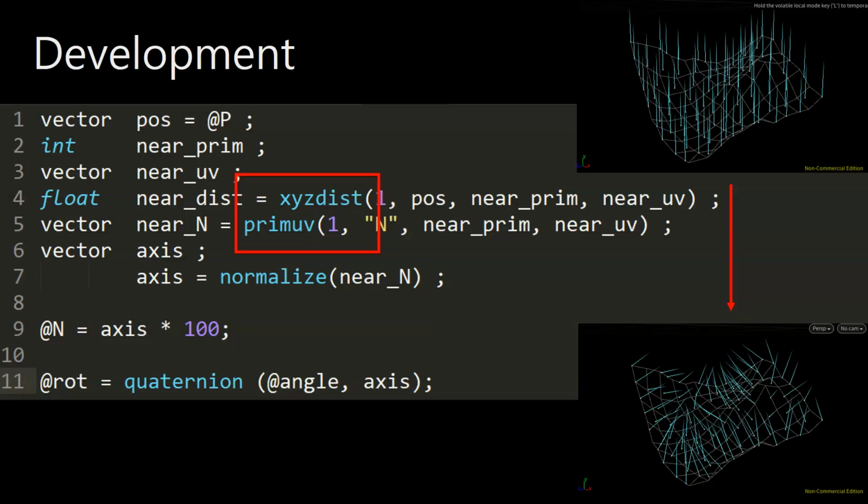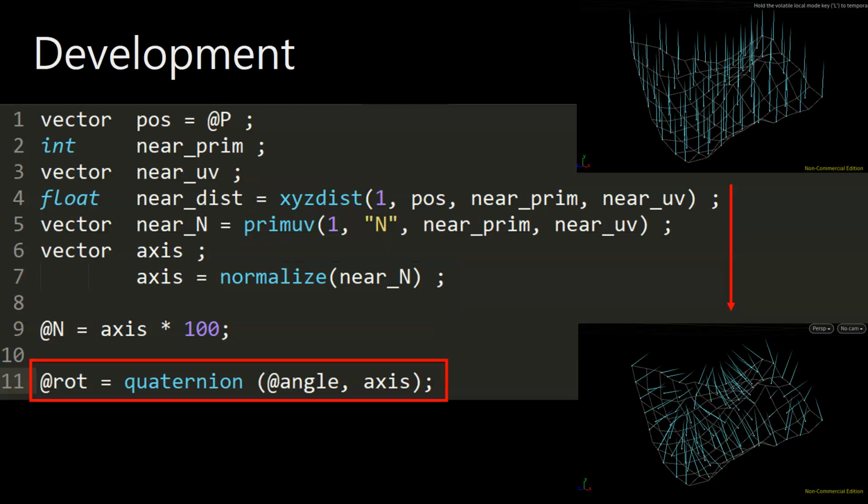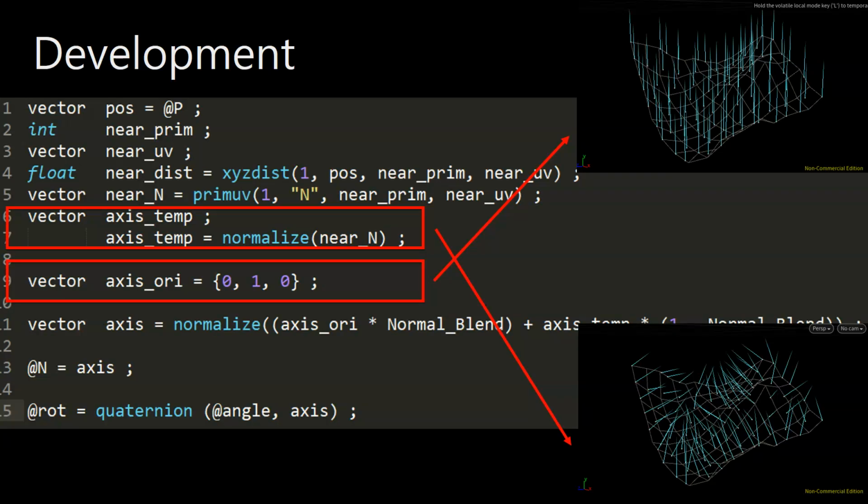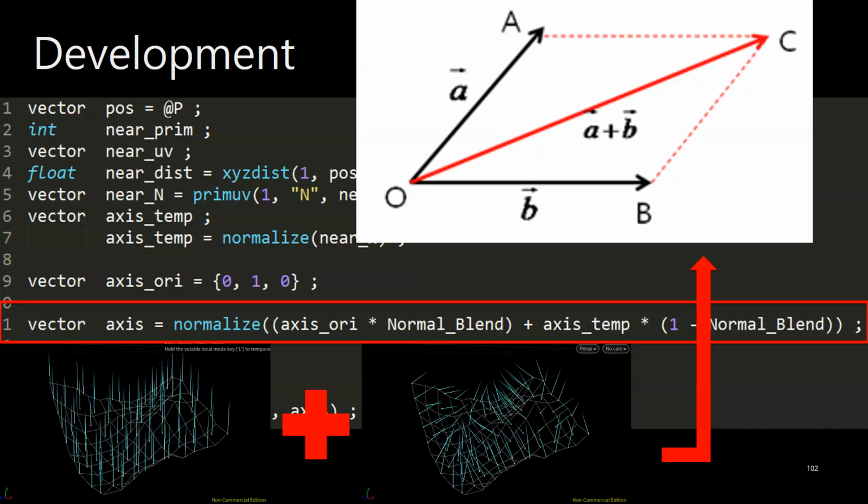It finds the closest floor from the scatter, then gets the angle, normalizes, and applies the normal direction as the axis, so the rotation remains the same and only the normal direction changes. And about blend, it divides the axis into up and floor vectors, adds the 2 vectors, then you adjust the normal blend parameter to determine which vector is higher.